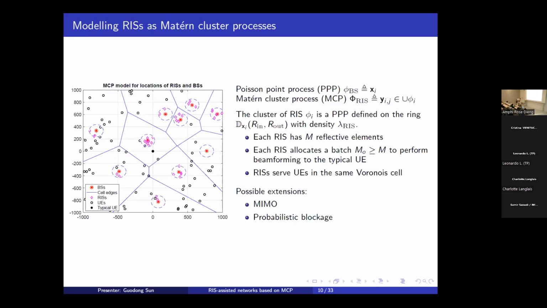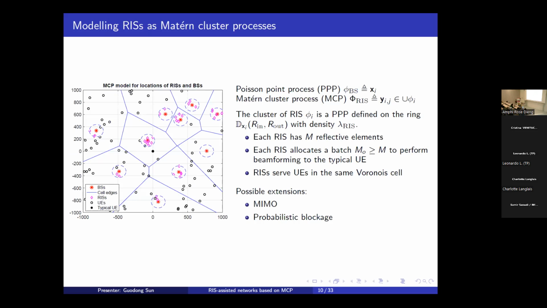I said we introduced the Matern Cluster Process to deploy clusters of points around base stations. So here is a technical description of what a Matern Cluster Process is. It's a two-level process. The first level is the base stations, distributed as a Poisson Point Process, randomly located in the area.